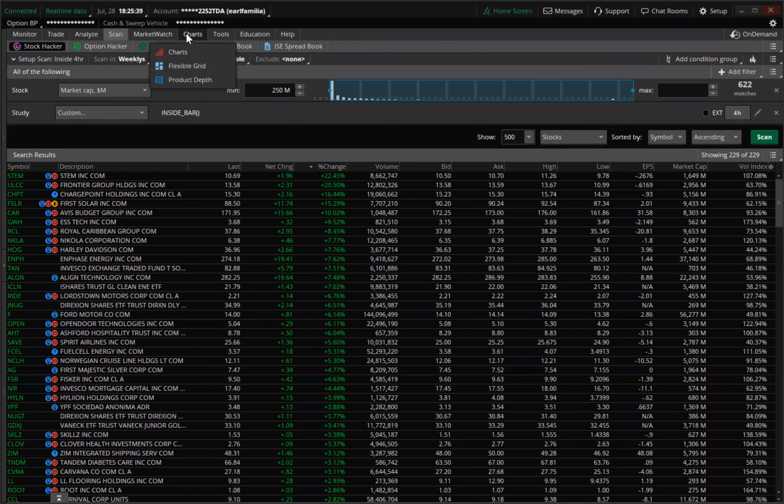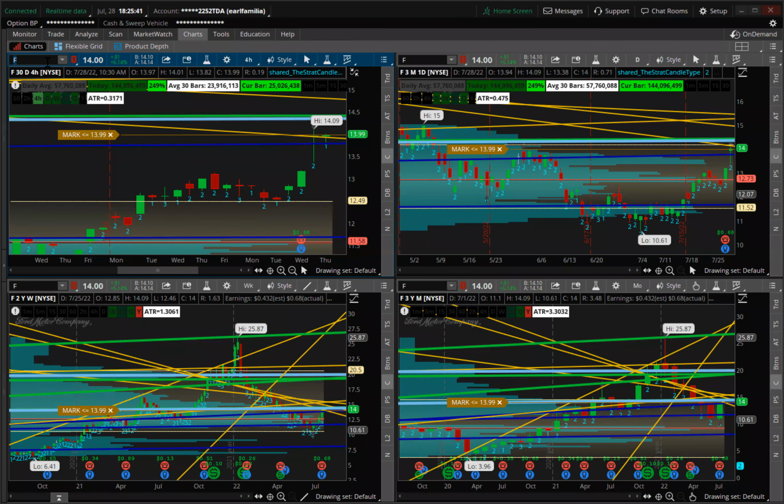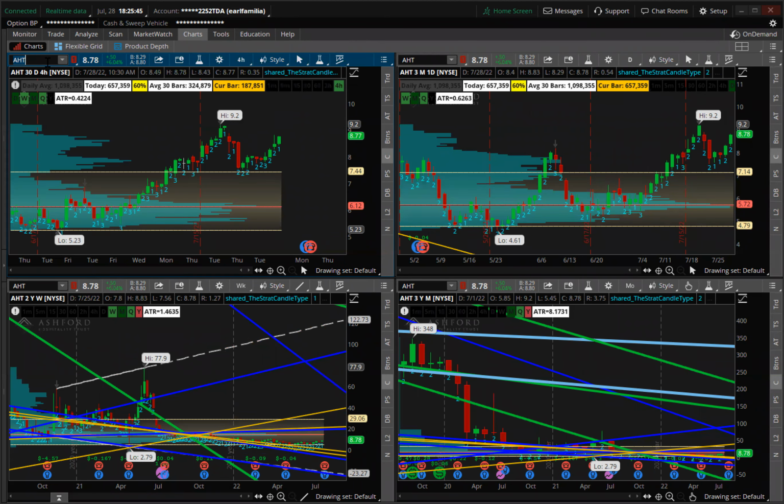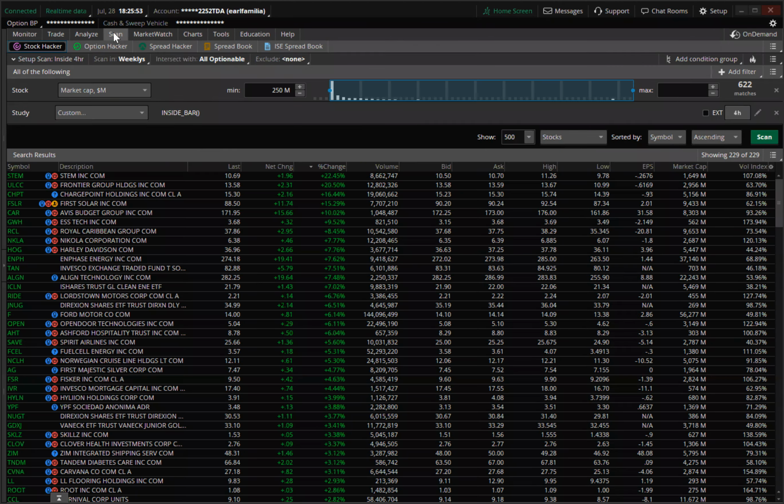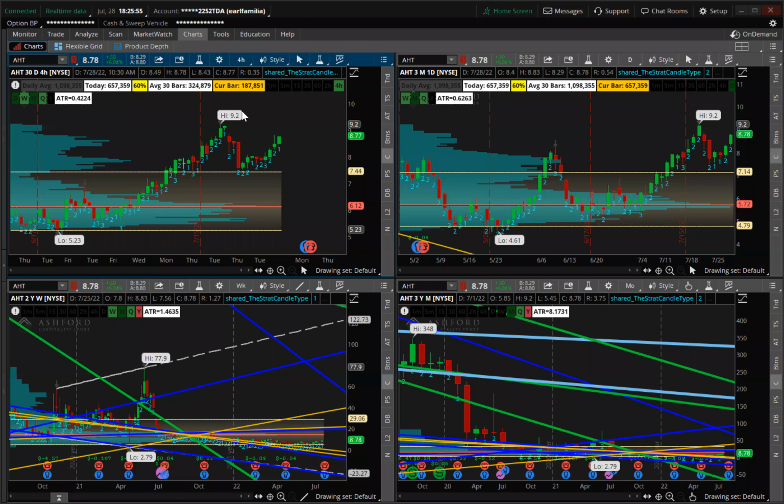We got that. What's that crypto looking like? AHT. Look at that. It's at $8.78 on the underlying price, so just be mindful of that if you're gonna take it.